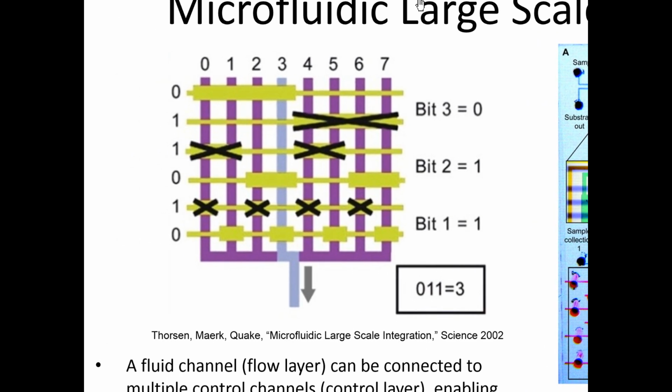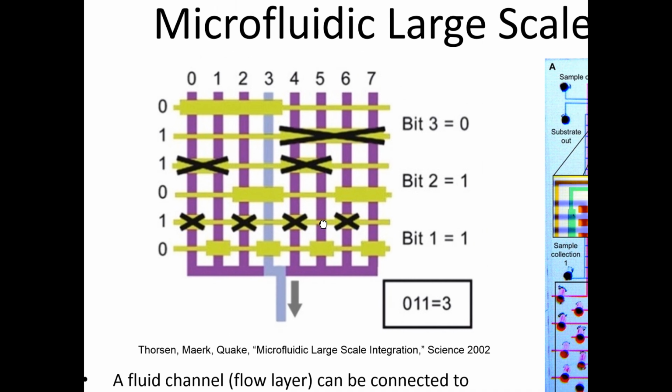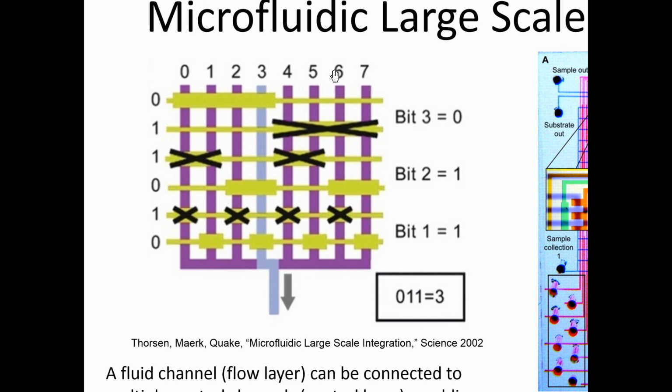All right, so let me explain the structure of this region first. All the vertical lines here are fluid channels. Now the objective here is to design a device where you have 7 fluid inputs, but only a single one of those fluids gets to go to the output. So that's what a multiplexer is. You're selecting one of the inputs to go to the output.